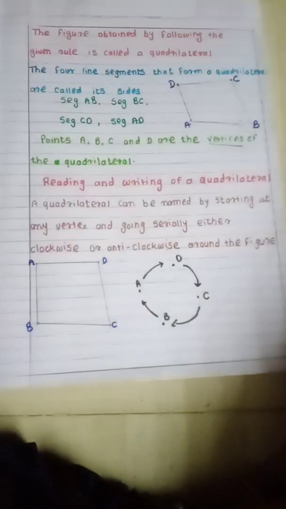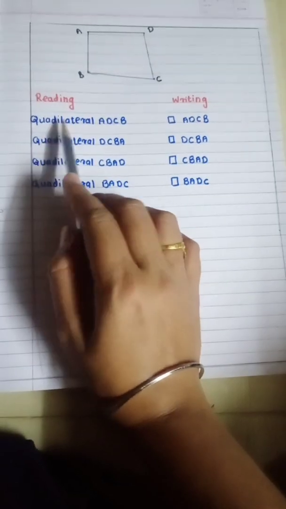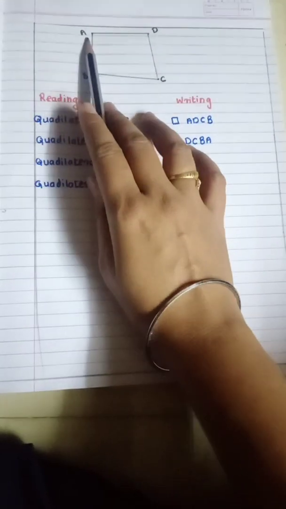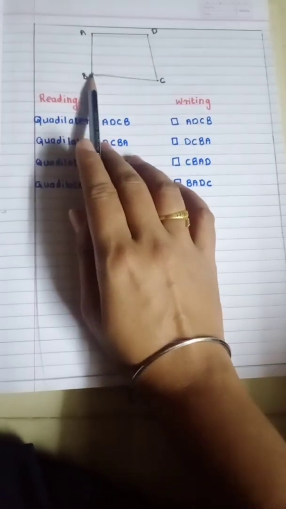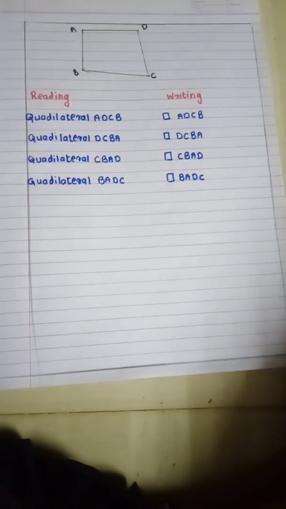Now we will see how we read and write a quadrilateral. As you can see, this figure is the quadrilateral. How will we read it? We can start from any vertex: A, D, B or C. So we can start from any vertex.